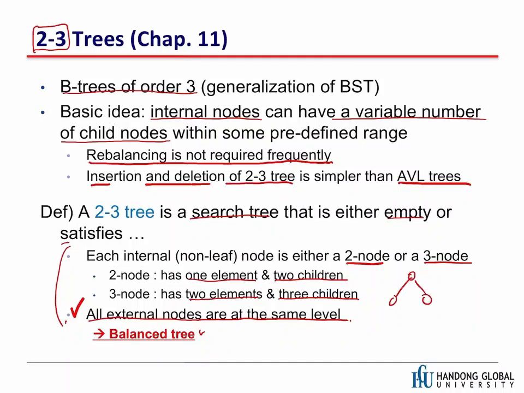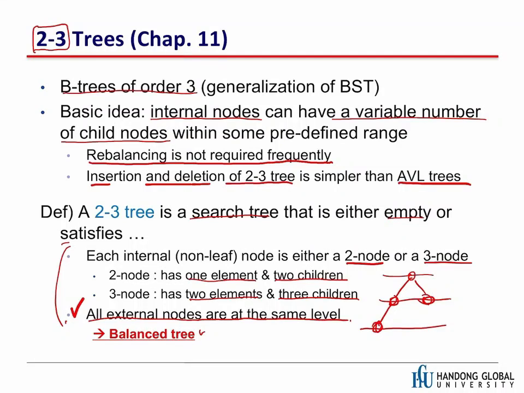If we have 3 nodes, then yes, all the external nodes are at the same level. So level 1, level 2. In level 2, we have 2 leaf nodes. Perfect. But what if we have 4 nodes? Then this is a complete binary tree, and this is the best way to make it balanced. But still, look at this one.